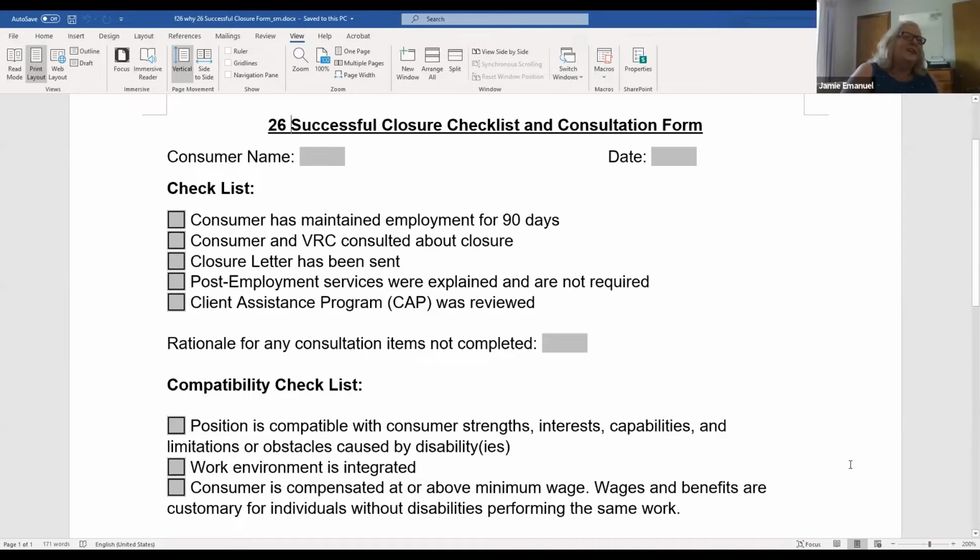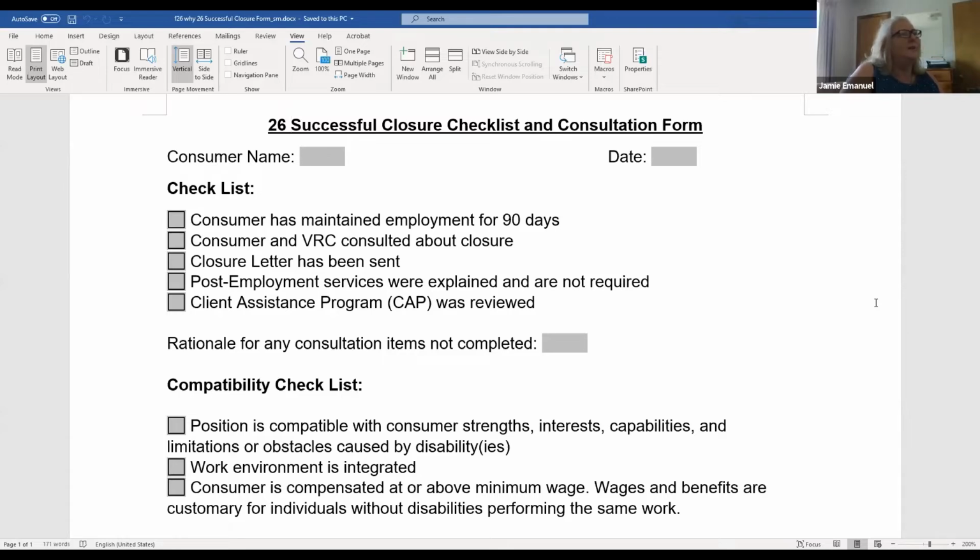All right. But you could take this form. This is going to be in some of the toolkits that we're going to update on our website under the VR process. Some of the templates and forms that we're providing to programs that may need that. I don't know why my computer keeps saying I'm muted.